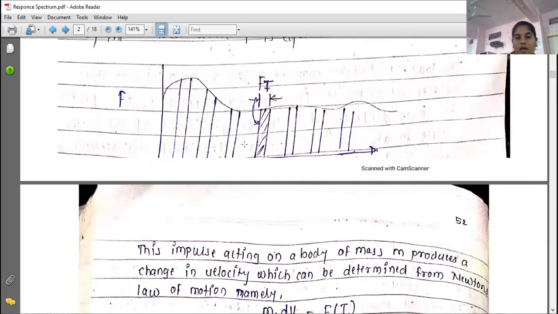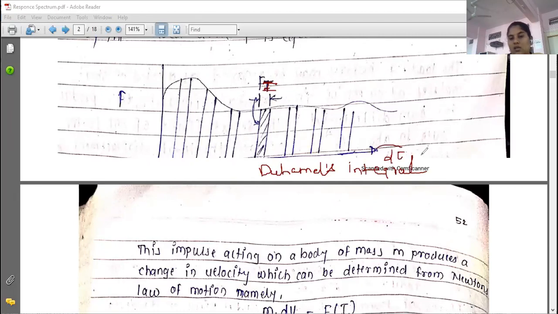Now you plot this diagram of the Duhamel's integral. Draw the diagram. Here Fi is indicated as a shaded area, the impulse force into that time dt, which is with respect to the x-axis.